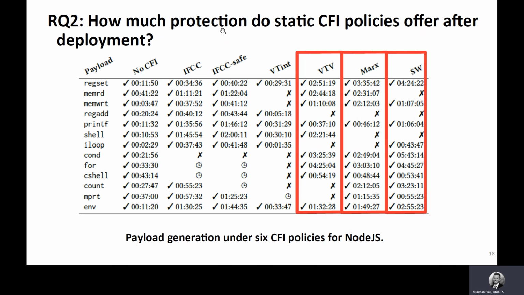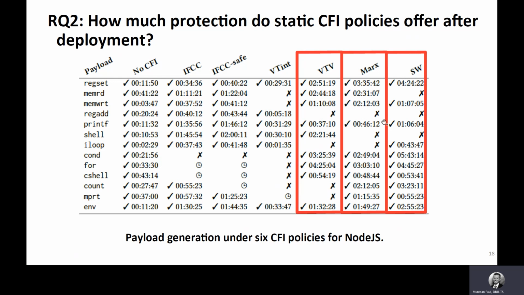Then, how much protection do static CFI policies offer after deployment? Here we took 6 state-of-the-art CFI policies, each published in a top-tier security conference paper. Then we looked for all the primitives which our ESL language has, and marked the time needed for the Node.js program with all 6 policies in place to find each particular primitive.